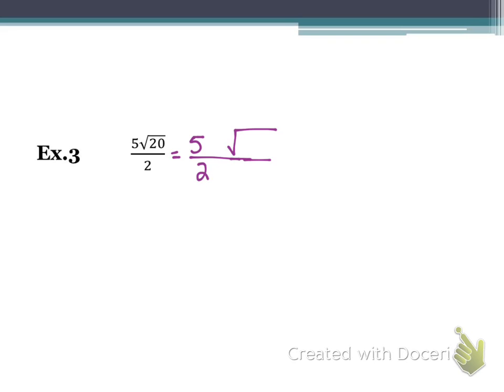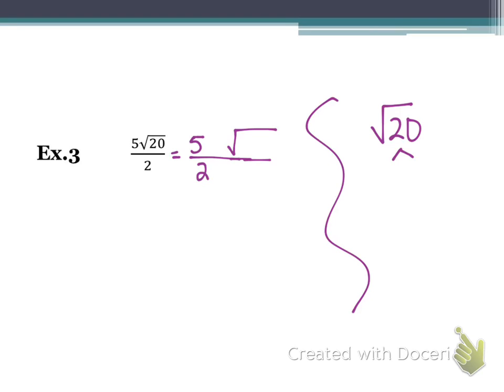And off to the side, I'm going to break down the square root of 20 so that we can see what it simplifies to be, just like we did yesterday. Does that make sense?